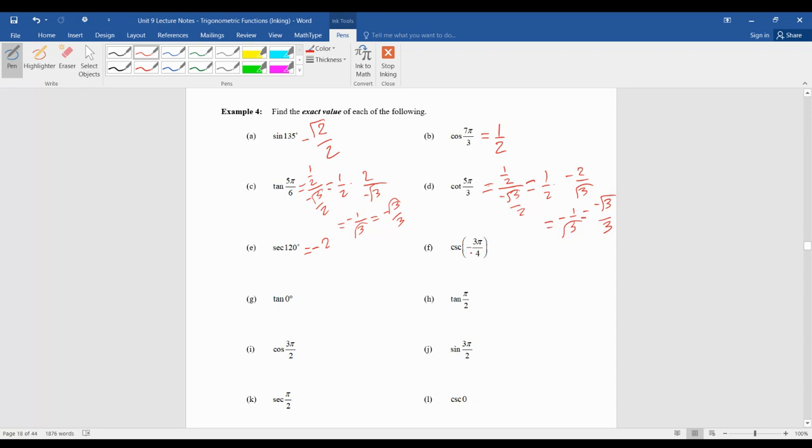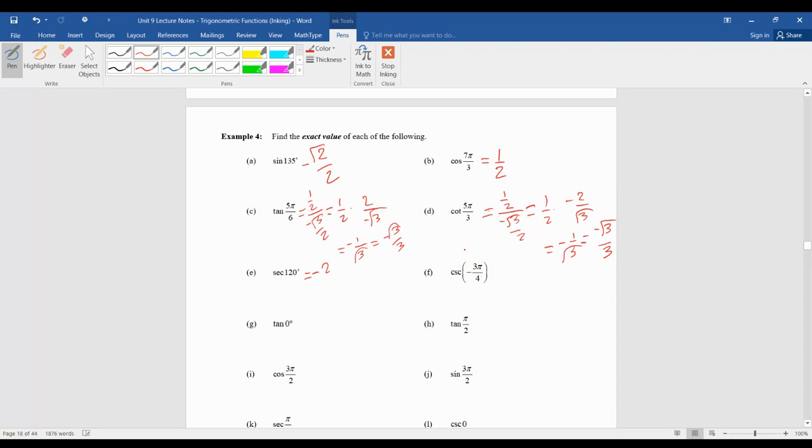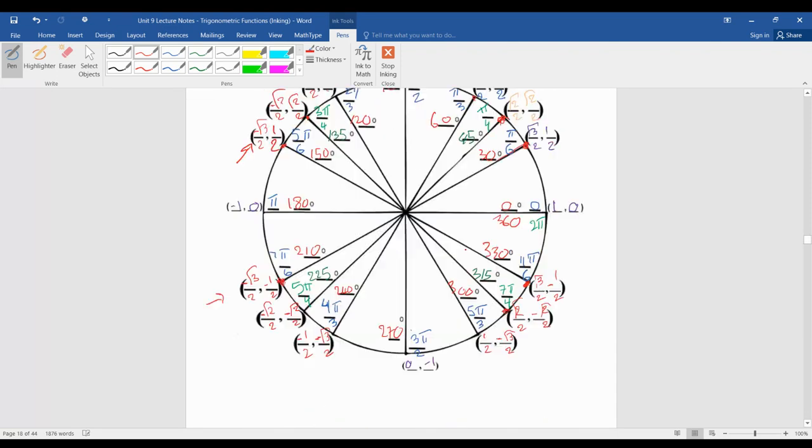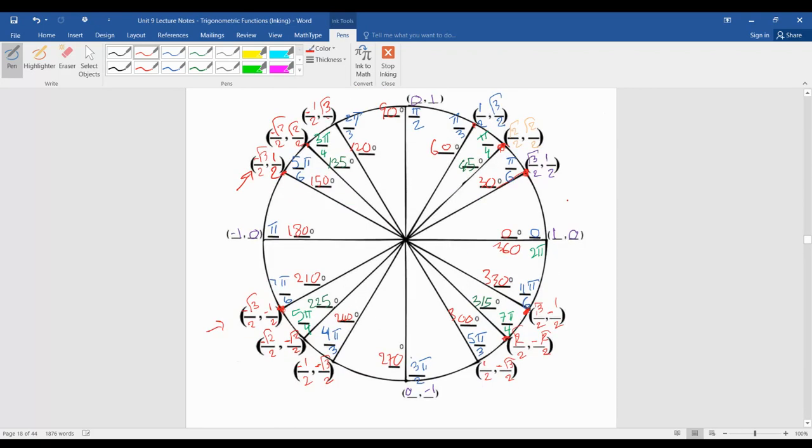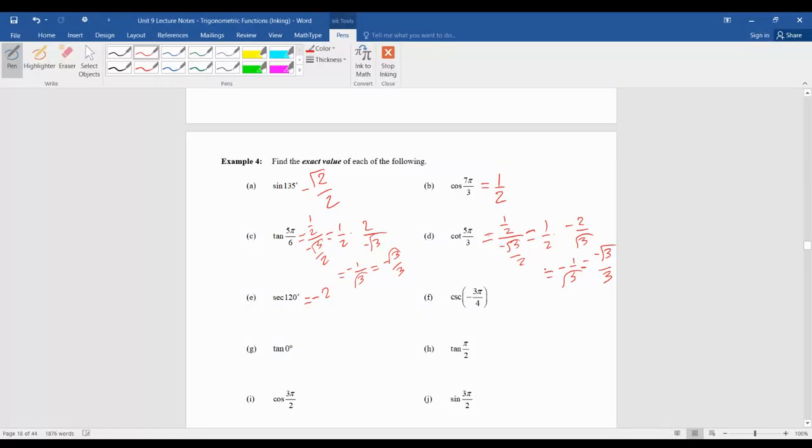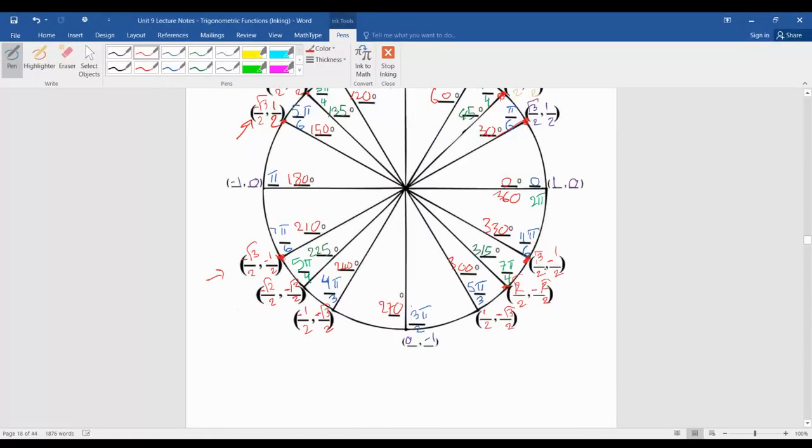This is a negative angle, cosecant of negative 3 pi over 4. Let's go back. Negative angles go clockwise, the direction of the angles.